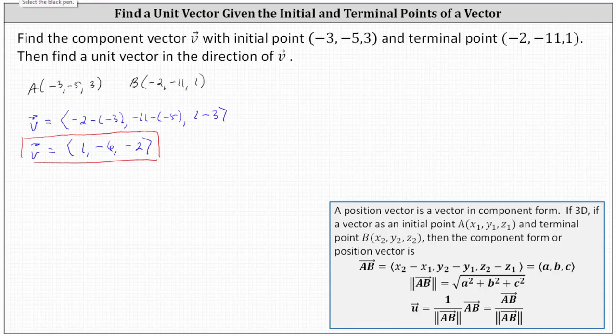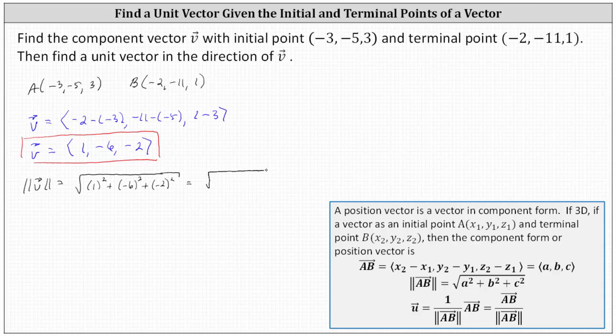So let's find the magnitude of vector v, which is equal to the square root of the sum of the squares of the components of vector v. The magnitude of vector v is equal to the square root of the sum of 1 squared, -6 squared, and -2 squared.